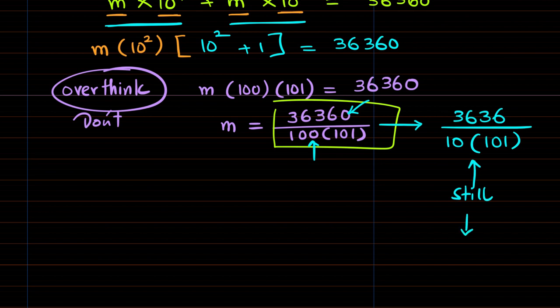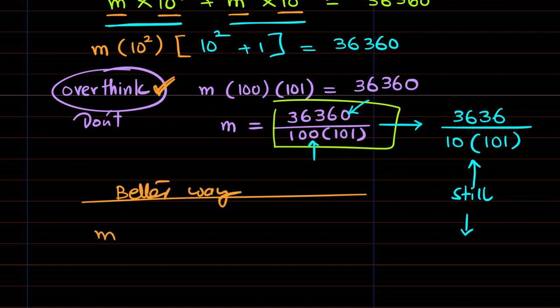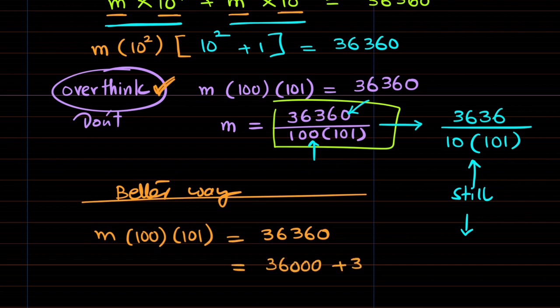Isn't it better that if I overthink a bit and I continue with this, the better way is that let me write m into 100 into 101, and this is 36360. Can I write this thing as 36,000 plus 360?